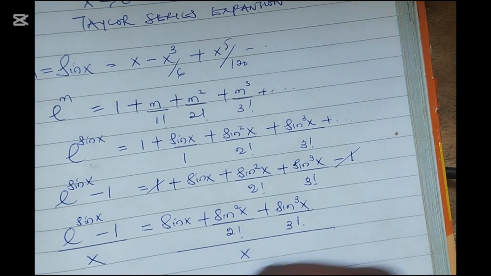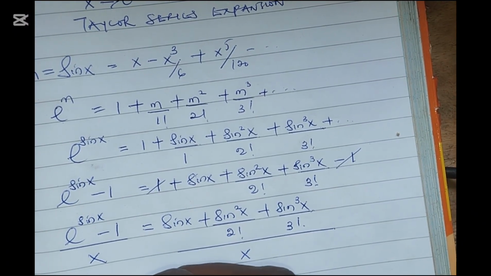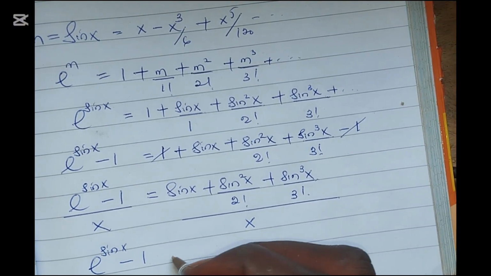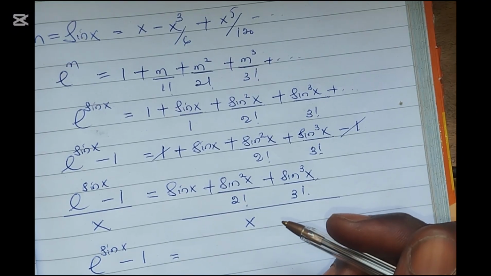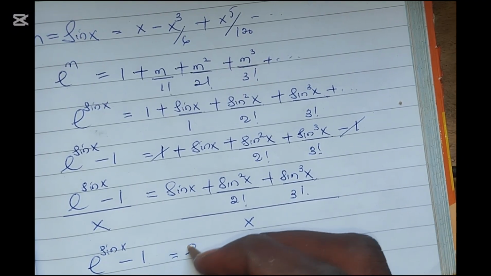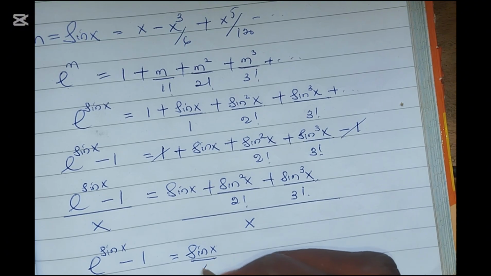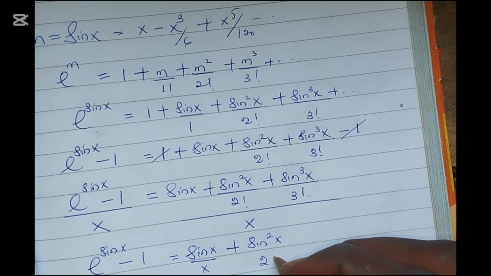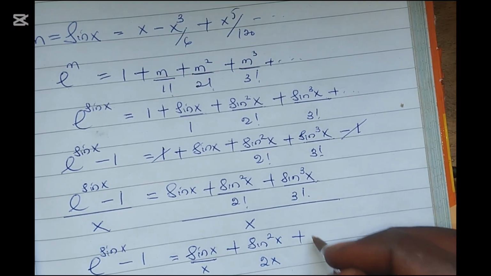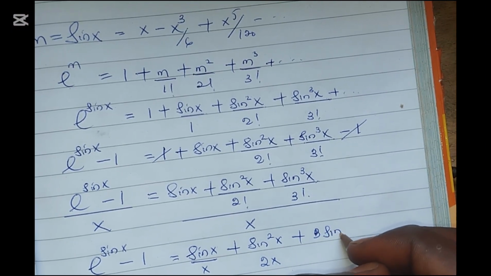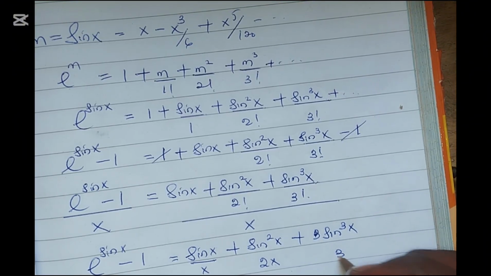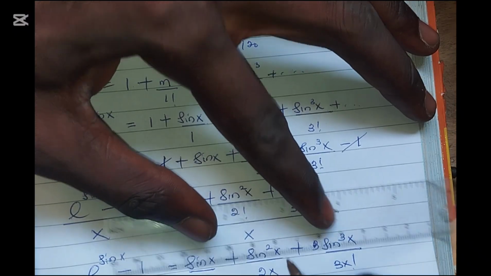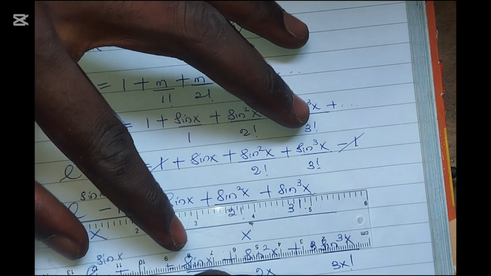So we can say e to the sine x minus 1 all over x is equal to, by separating this, sine x all over x plus sine squared x all over 2x plus sine cubed x all over 3x, with the factorials. That's what we have after introducing the x.